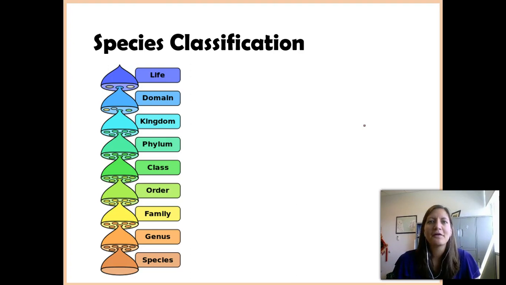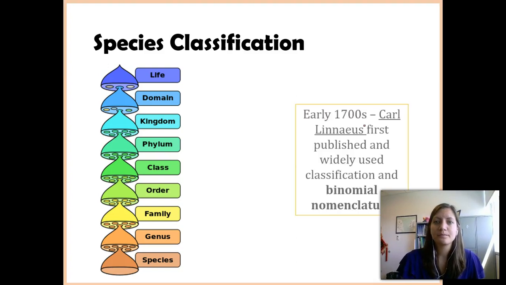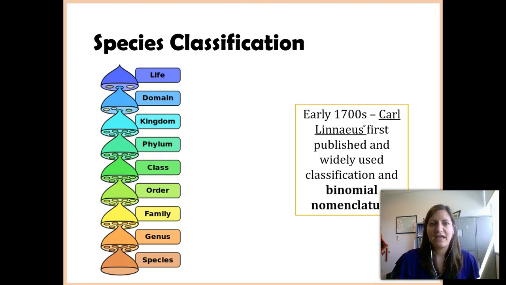You've probably heard of the classification when thinking about humans. Humans are Homo sapiens. This classification that maybe you've seen at some point in your life was developed by the scientist Carl Linnaeus. Carl Linnaeus created the idea of a classification used not just for animals, but for plants and even bacteria.